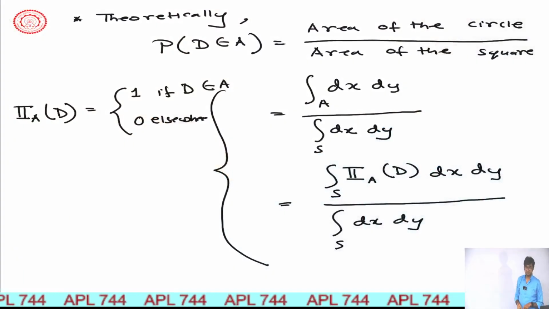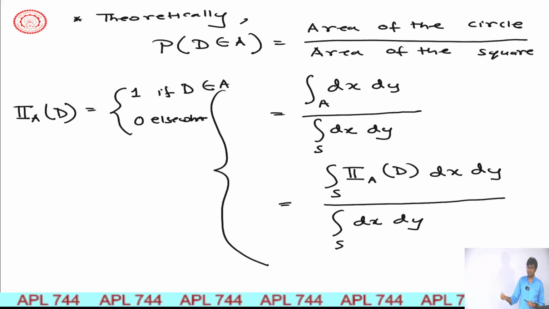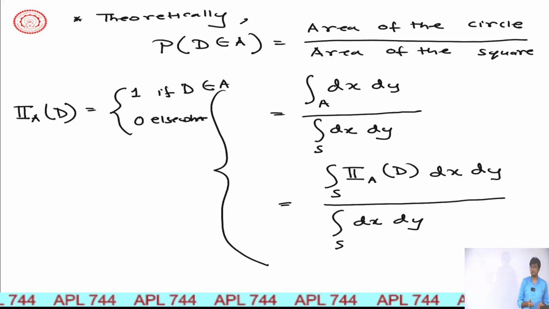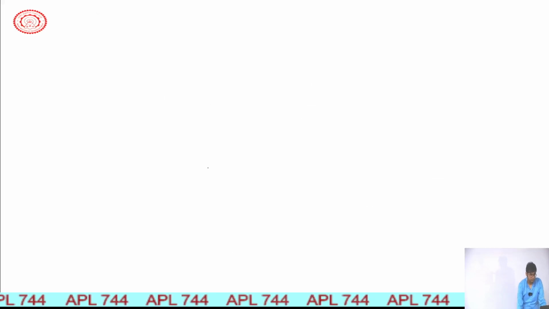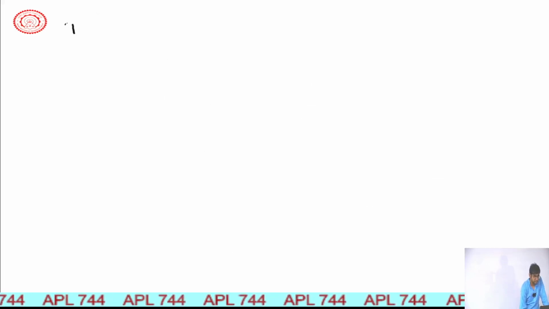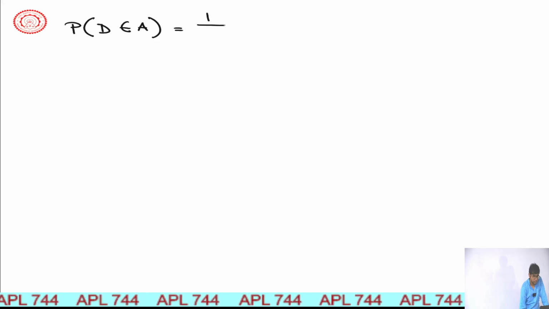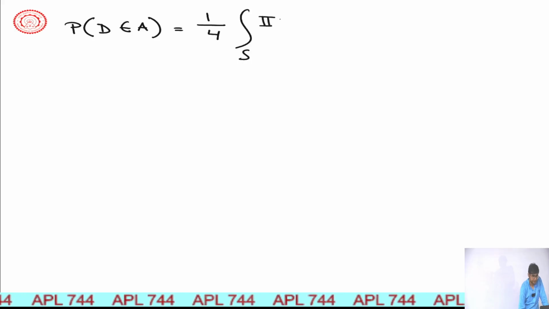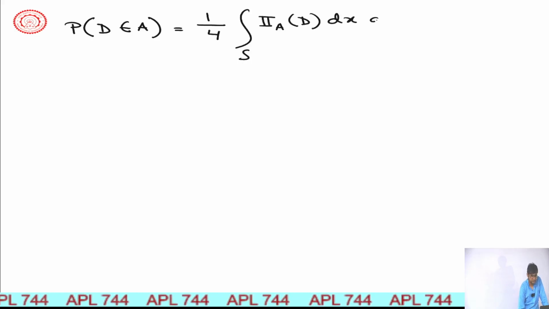So this is clear. Now what is the denominator? What is the area of the square? 4, right? Minus 1 to 1 in both directions. So then, therefore, the probability that D belongs to A is equal to 1 by 4 times the integration over the square of I_A dx dy.